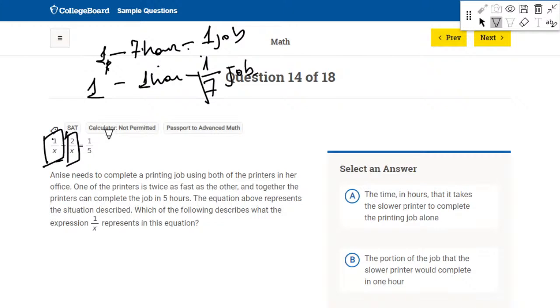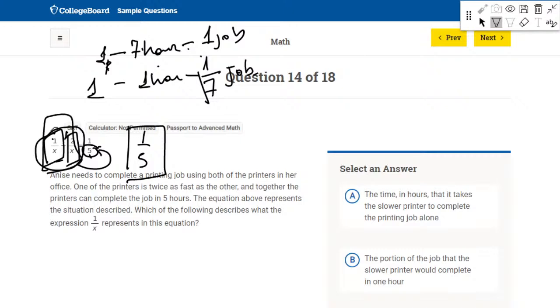And what is 5 here? If they combine their powers, they do the job in 5 hours. So 1/5 is the amount of the job they do together in 1 hour.